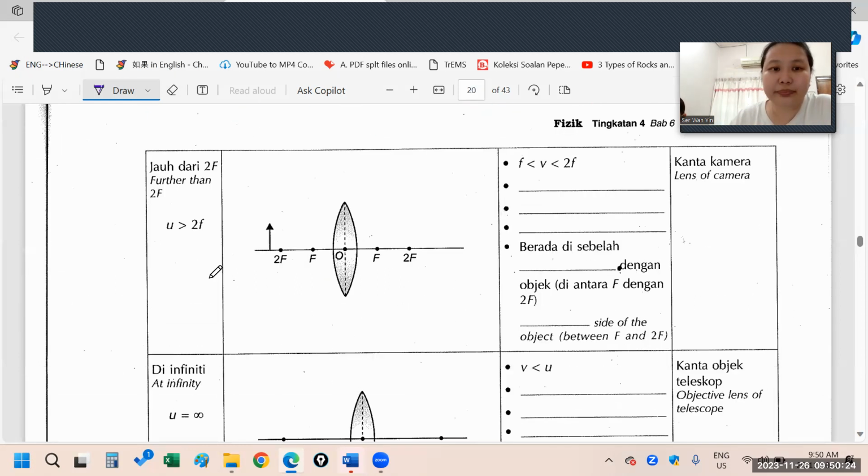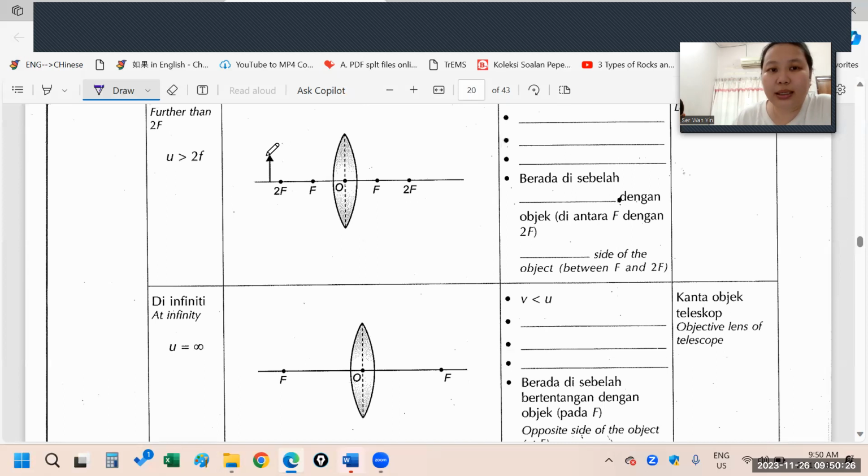Okay? So now this one, the same thing, K, F, focus, F, C. C is the center of the lens. And you will find out it starts to become smaller.